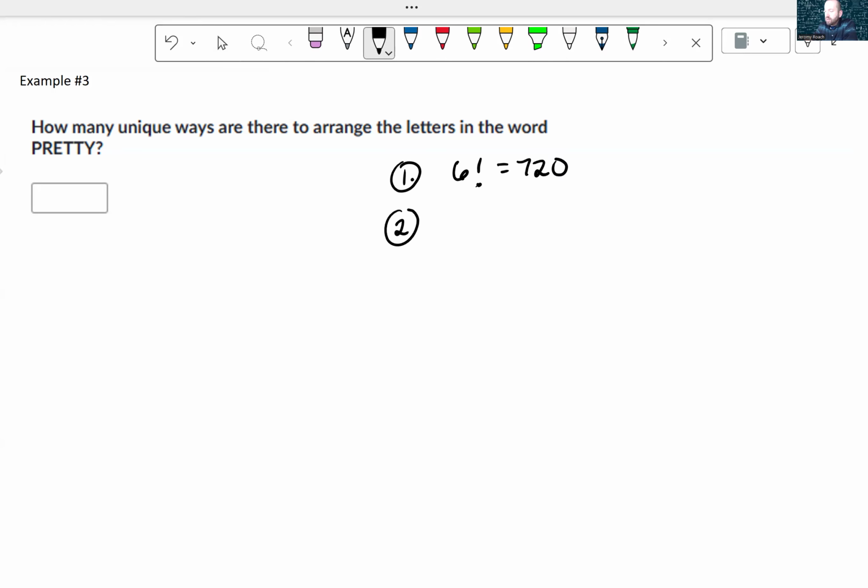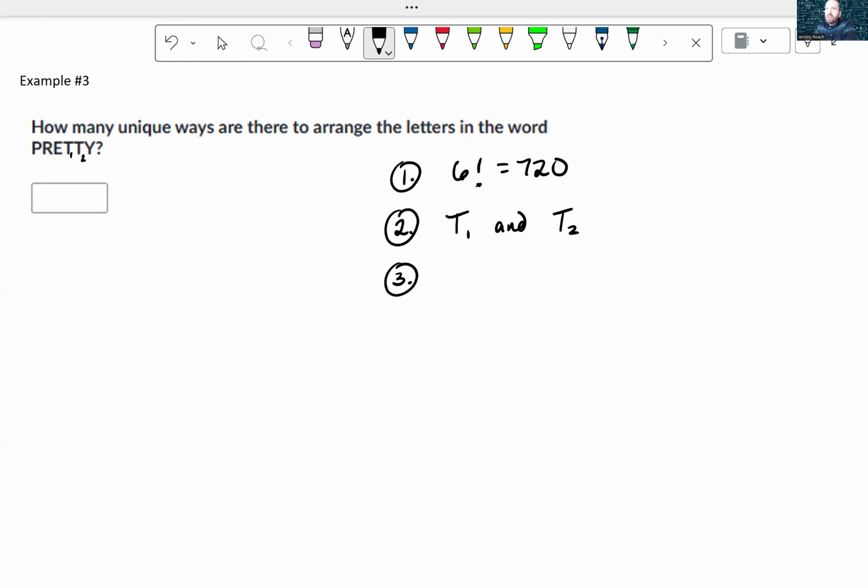There's 2 T's. There's T1 and there's T2. We have to put subscripts because we're going to call both of those T's a letter T. It wouldn't make sense to call them any other letter. So that's why we put the subscripts there.